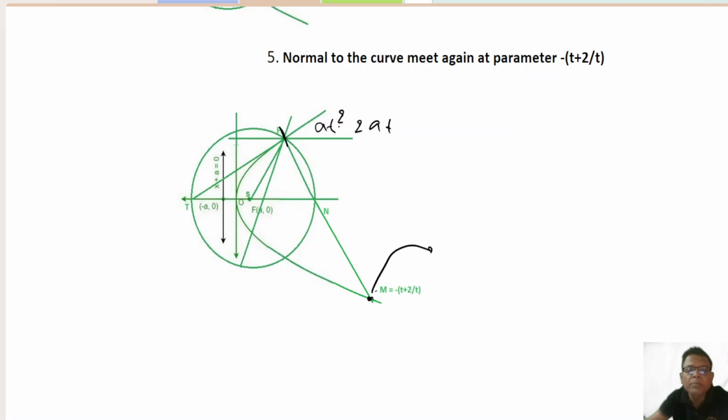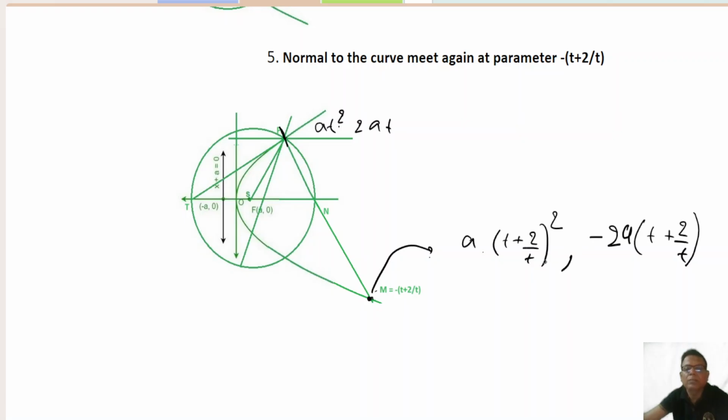So the coordinate of this point will be a(t plus 2 by t) the whole square, and minus 2(t plus 2 by t). So this will be the coordinate of this point.